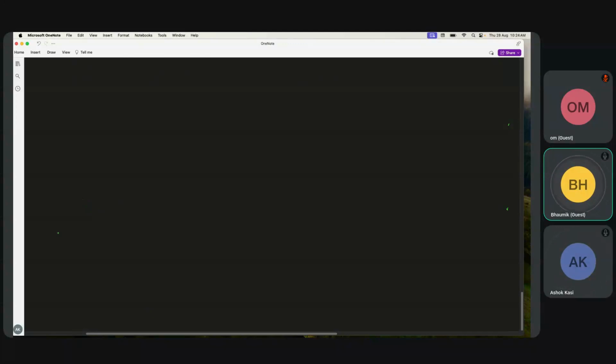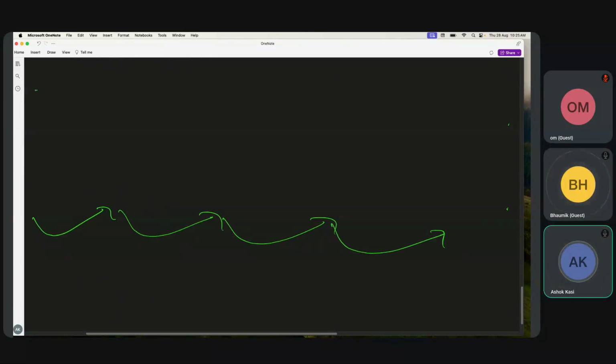So again, 1, 2, 3, 4. So this is 0, 1, 2, 3, 4. After 0.7 years, that means we are standing here.